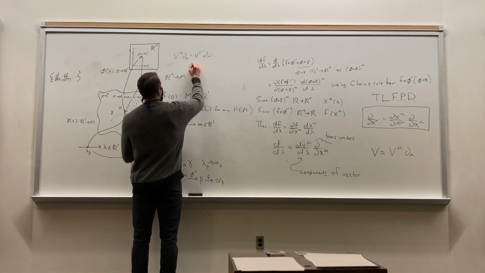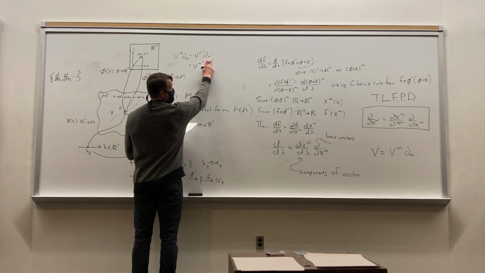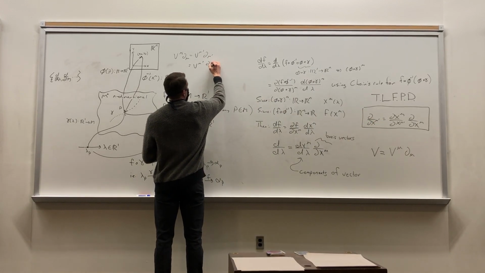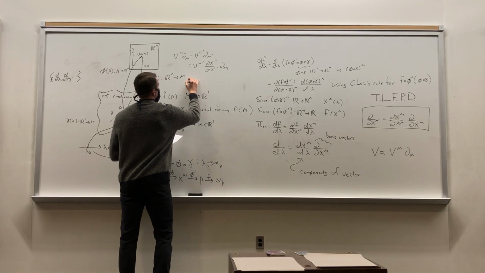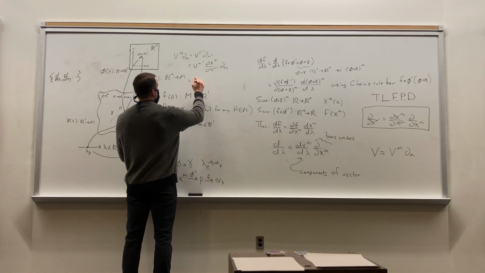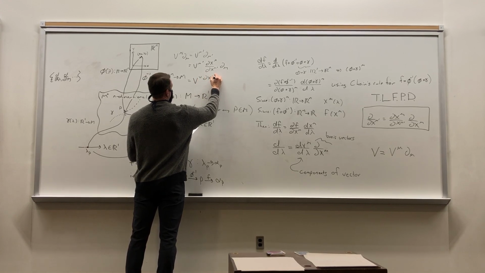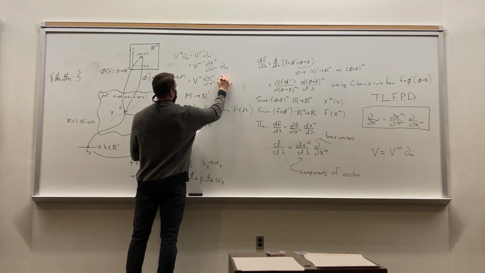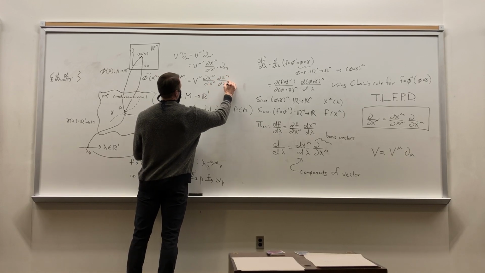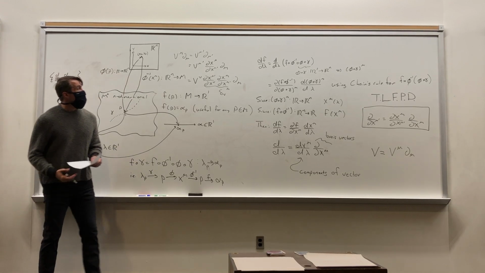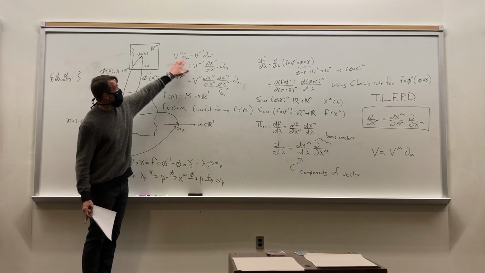Okay? Well, I can write this as V mu prime times the transformed version of this, which is just this right here. So I can write dx mu, dx mu prime, partial mu. And then what I can say is, if V mu prime transforms in this manner, where this thing is just delta nu mu, then obviously this expression is going to reduce to this expression.